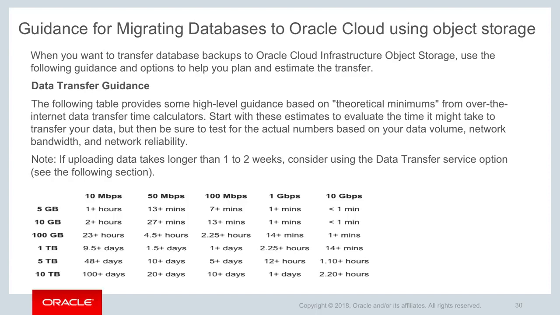You can start with these estimates to evaluate the time it might take to transfer your data, but then please ensure that you test for the actual numbers based on your data volume, network bandwidth, and network reliability. Note, however, that if you're uploading data that takes longer than 1 to 2 weeks, consider using the data transfer service option.